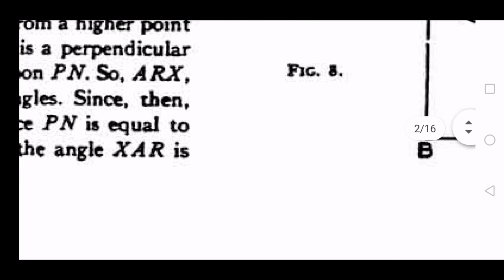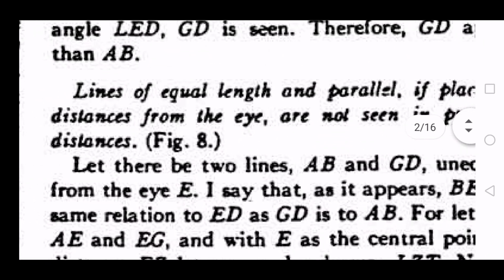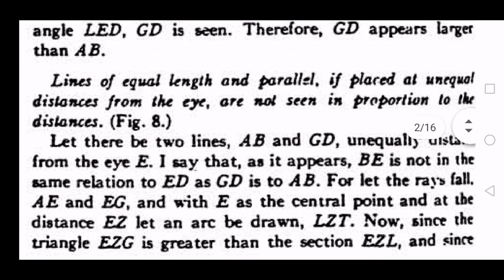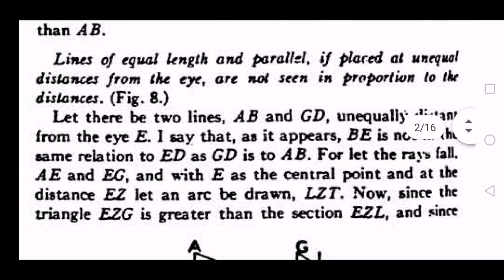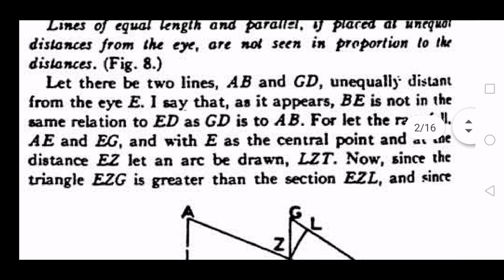Right, just before we go on to this one, this is the bit here. Lines of equal length and parallel if placed at unequal distances from the eye are not seen in proportion to the distances. You can pause this and have a read if you like.